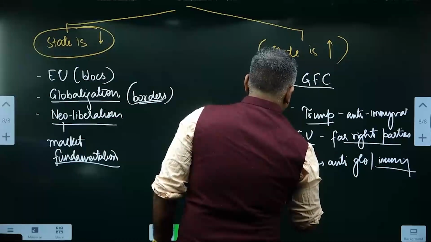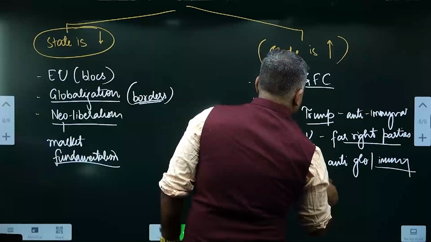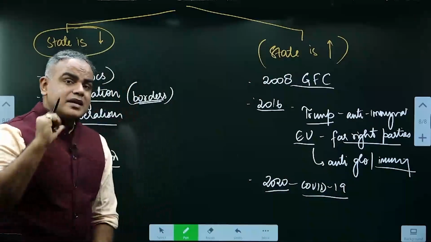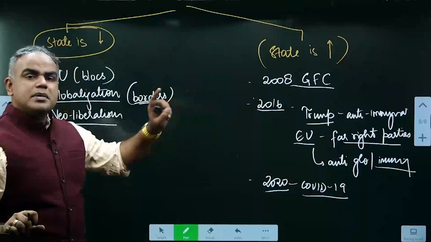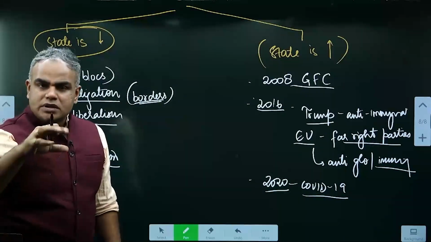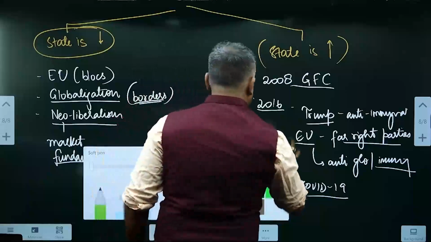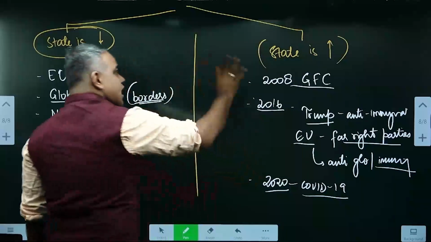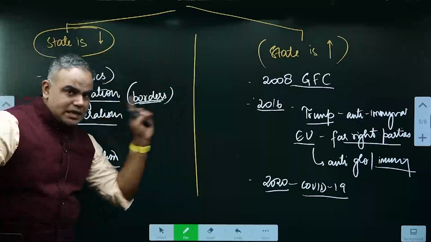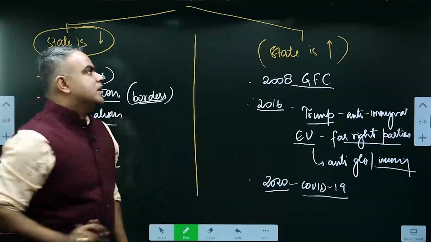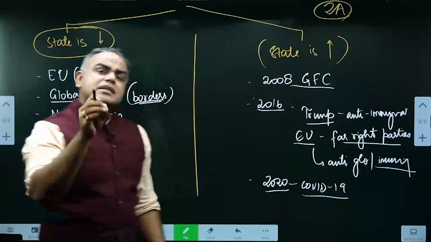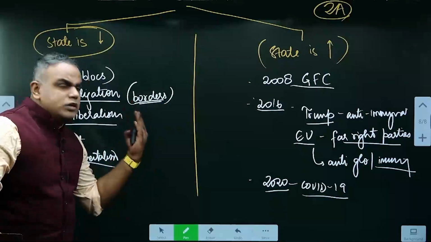Again, think of COVID-19. Again, state becoming more important. And also think of terrorism, the global issues, where again the states and their role becoming even more important. So right now the state, which was initially seen to be declining, has again become equally important. And by the way, all these examples which we are seeing here, I will be again repeating in paper 2A because these are more relevant for paper 2A. But please remember, any discussion on state should include the modern dimension as well.